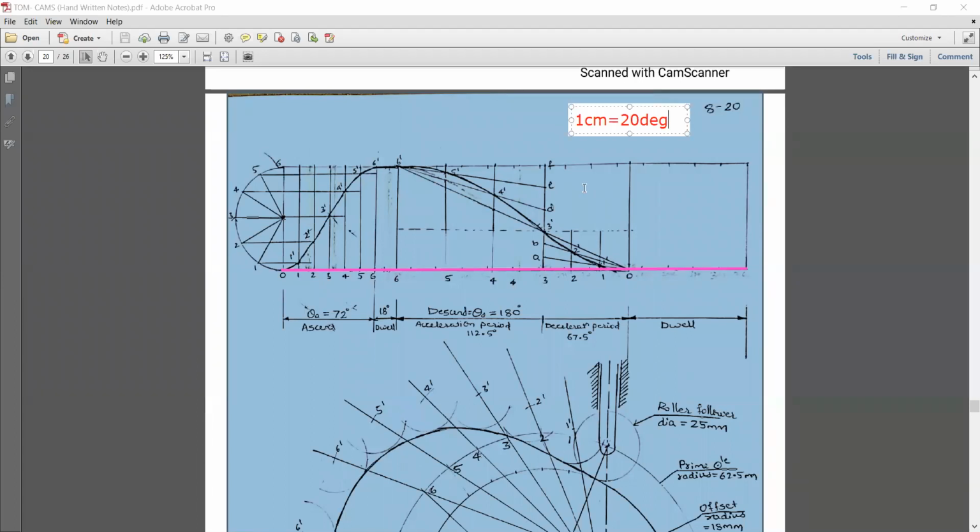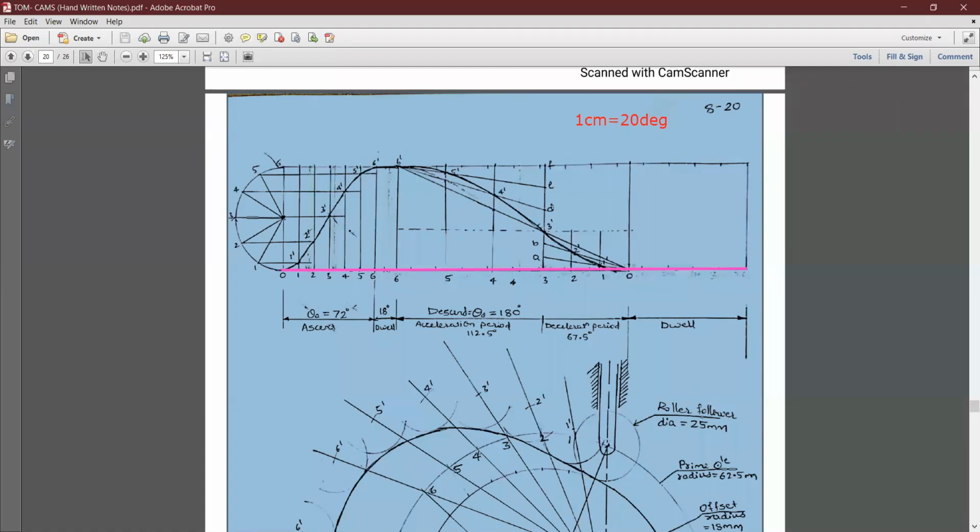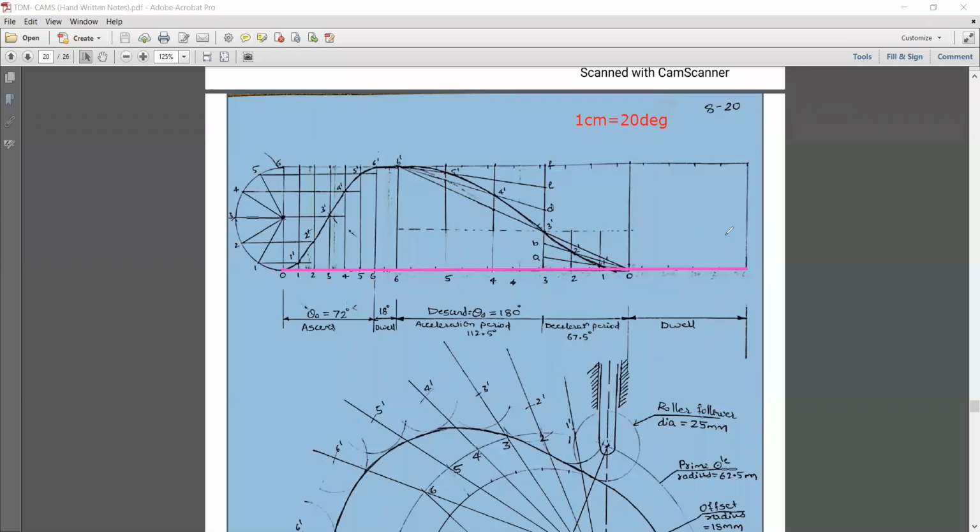You have to click on the same link. Once the link is expired, you draw that 18 degrees, and you have to draw one more thing, that is the height, 38 mm.